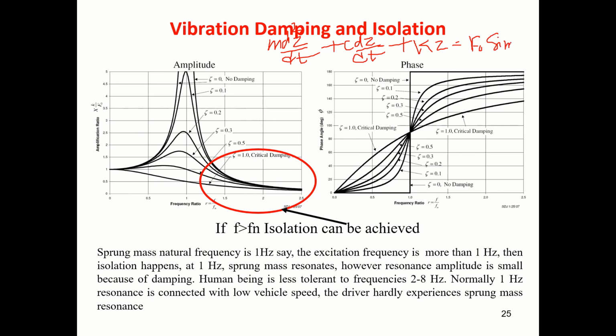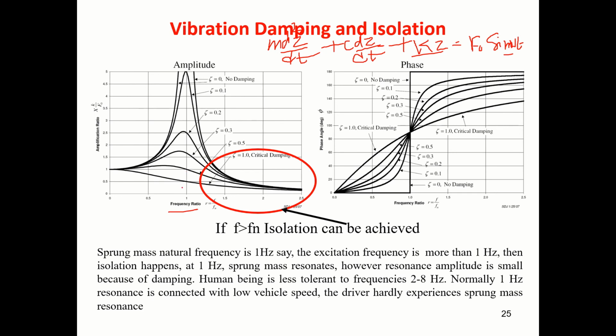If you have an equation and I can solve it, I can plot the amplitude, actual output by input amplitude, versus frequency ratio, the excitation frequency to system frequency ratio.